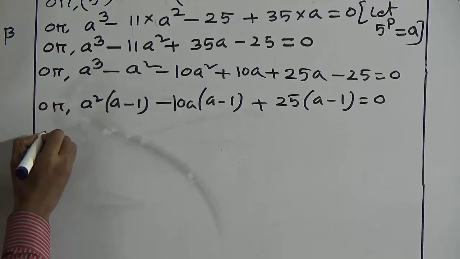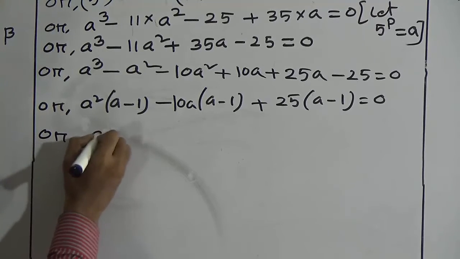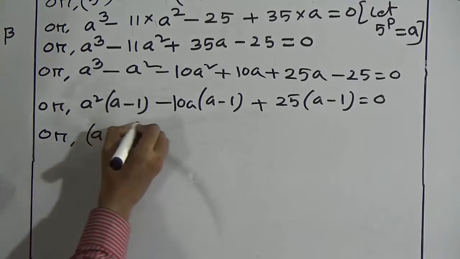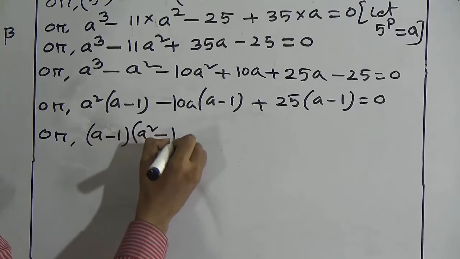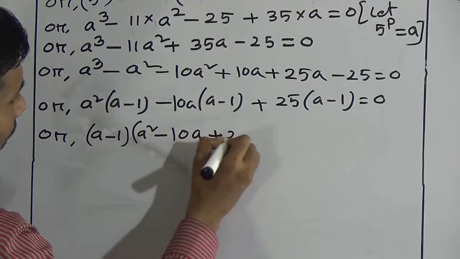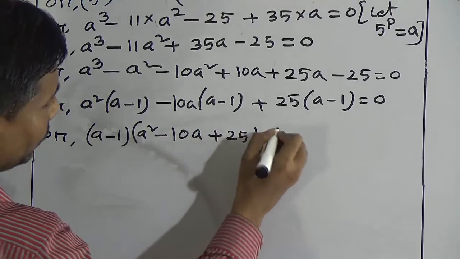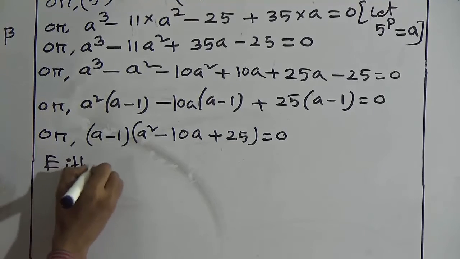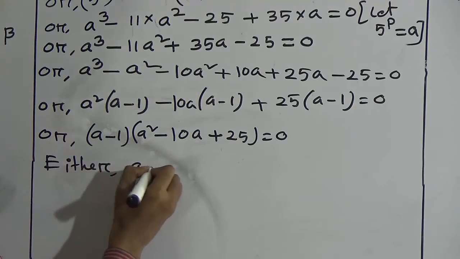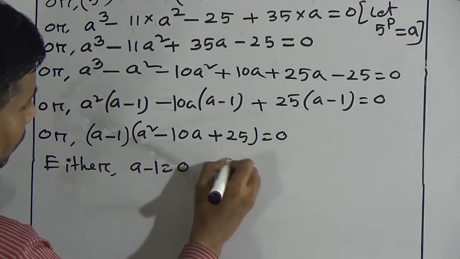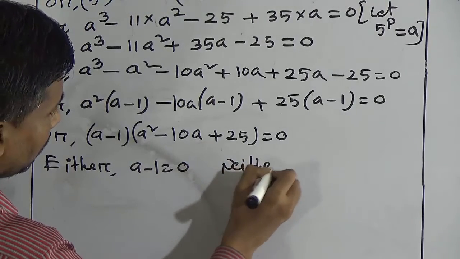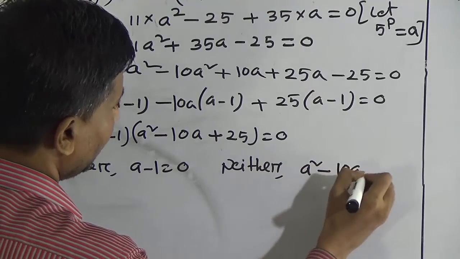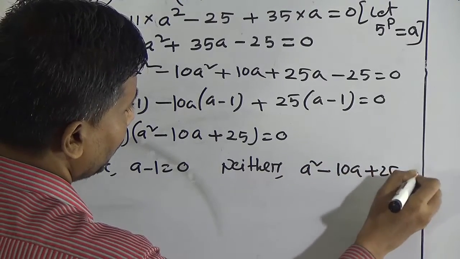Now, see, here a minus 1 and a minus 1 is the common, then a square minus 10a plus 25 equal to 0. Then either a minus 1 equal to 0, or a square minus 10a plus 25 equal to 0.